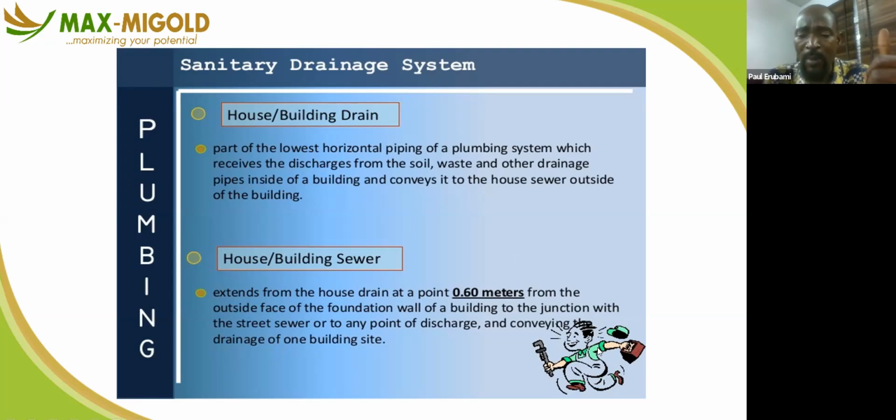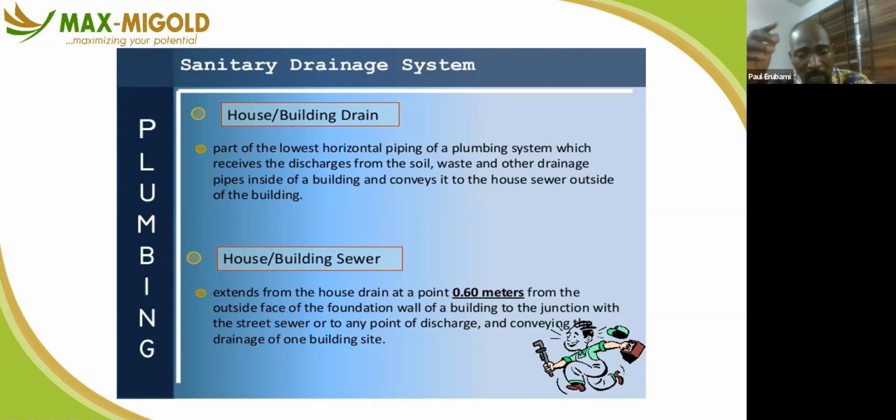And the reason why you have to maintain 6 meters away from the fence or the building is that at some point, the entire soil around your sewage tank or your septic tank will get saturated, and there's the possibility that the wall can fall off. And when the wall falls off, if it is closer to the fence, it can bring down the whole building fence.